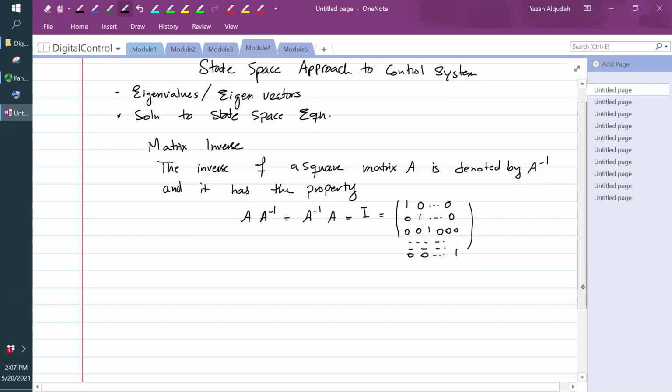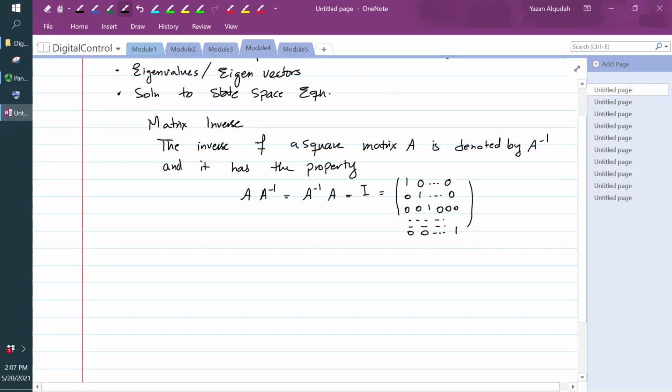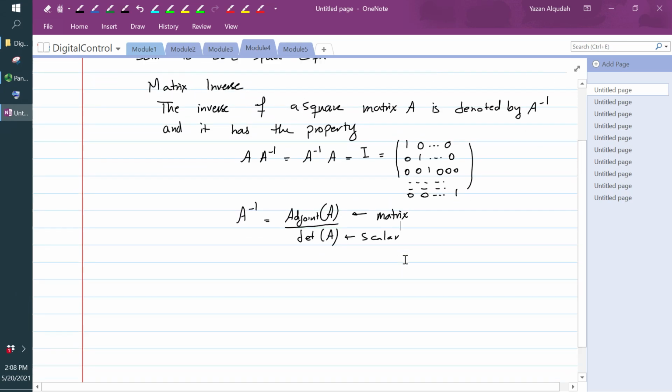Now, in order to calculate the inverse of a matrix, we can show that the inverse, A inverse, is equal to the adjoint of A, and this is going to be a matrix divided by the determinant of A, and this is a scalar. So this is scalar, this is a matrix. And this will give me the inverse of the matrix.